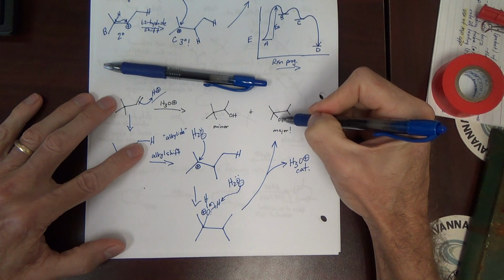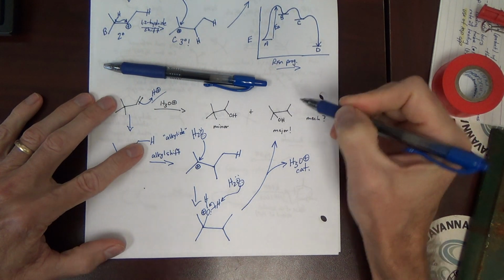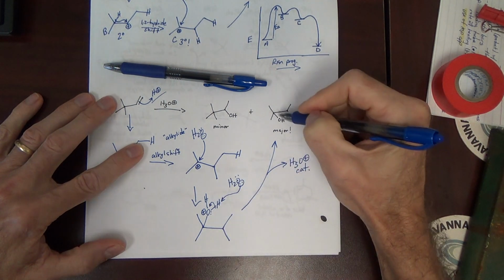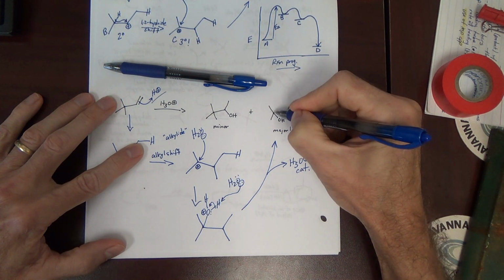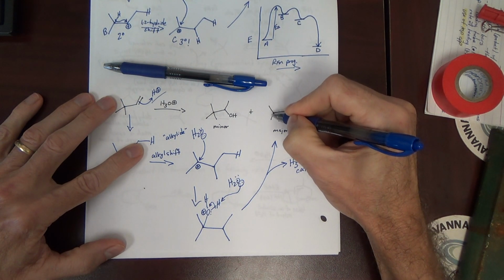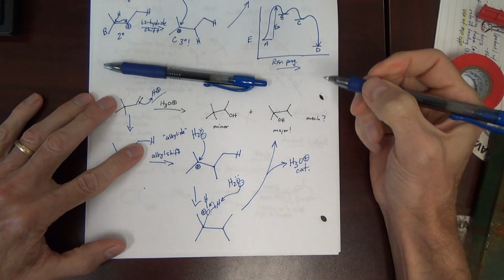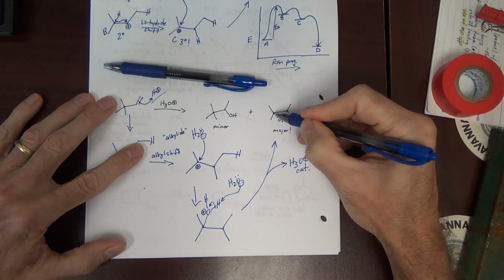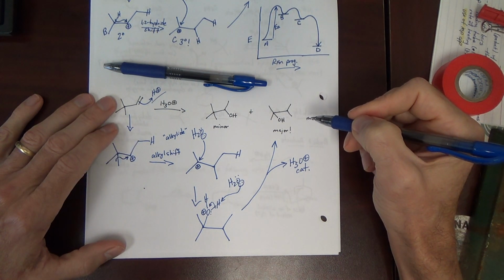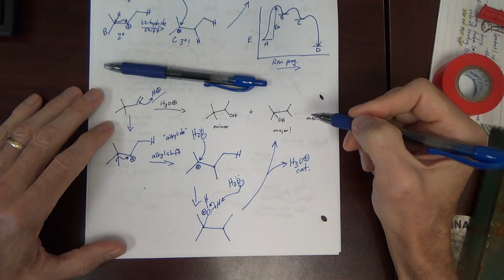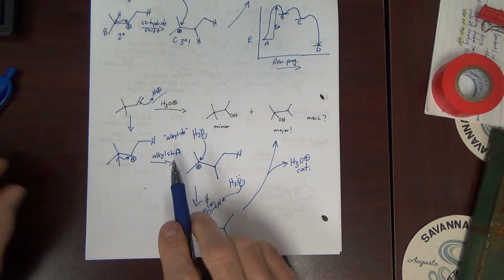Do not worry about how the OH is drawn down here versus how I have it up here. It's free rotation, and this is not chiral. If it was chiral, there would be more discussion about this. As long as you have the OH attached to that carbon, you're good. Down here, the H plus is the catalyst.